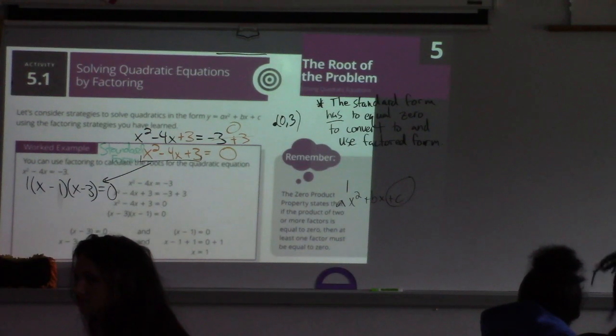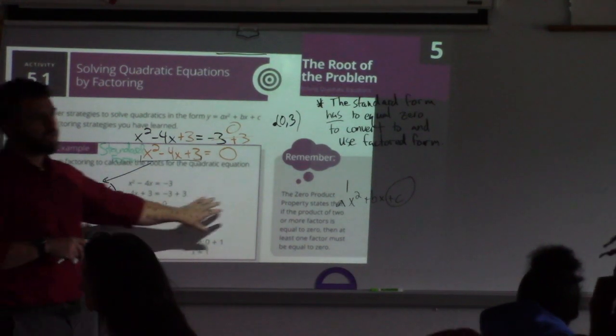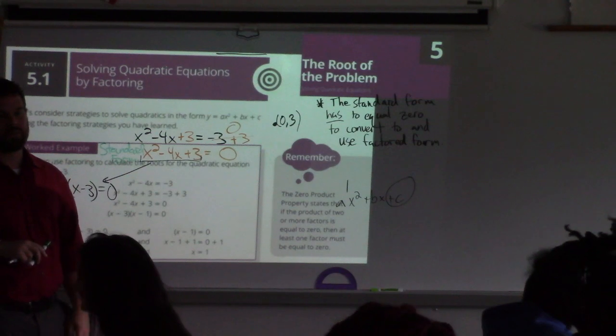Now here's why. This, remember, is critical to understanding why we have to equal 0.